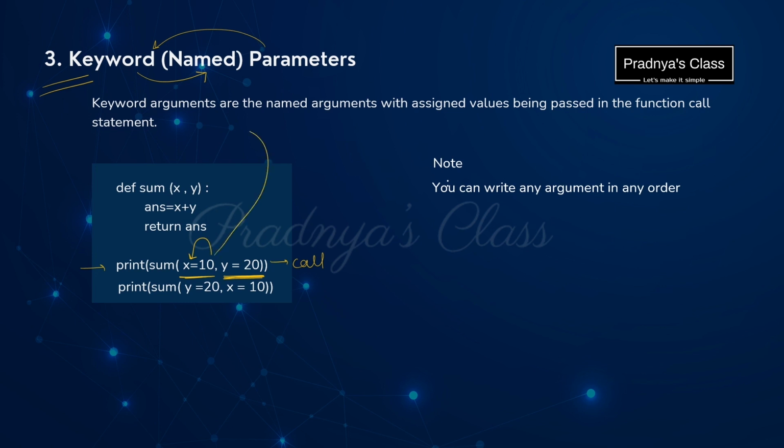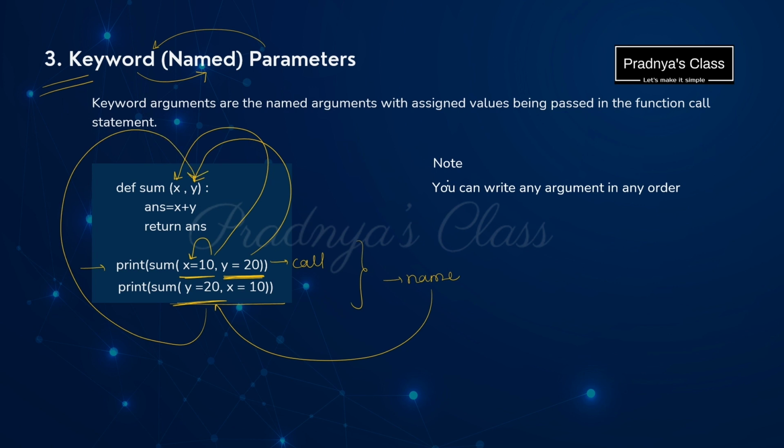So when it is passed, it will go to x only and y will go to y. In this case, we pass the parameter using the name itself, so we can change the order too. Though we are writing y in the beginning, the value of y will go to y and the value of x will go to x itself. Hope you understood all three types of passing parameters.